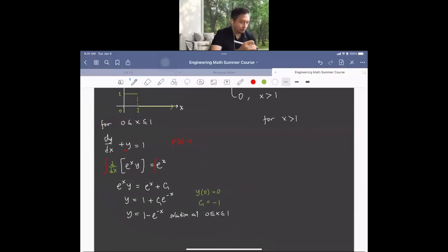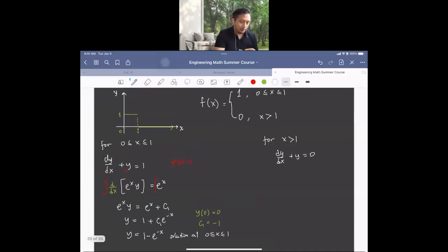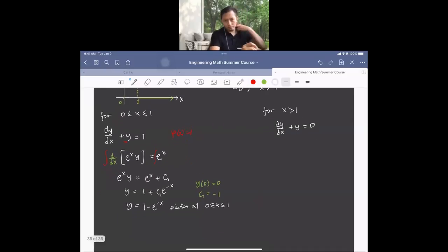Now for x greater than 1, we will have the right side equal to 0 based on our piecewise defined function. Using the same way, this leads us to y equals, let me skip some parts here, c2 e to the negative x.